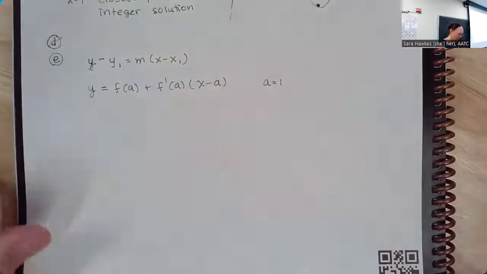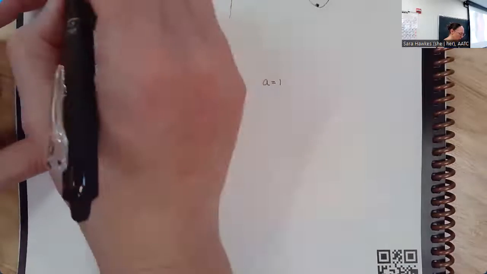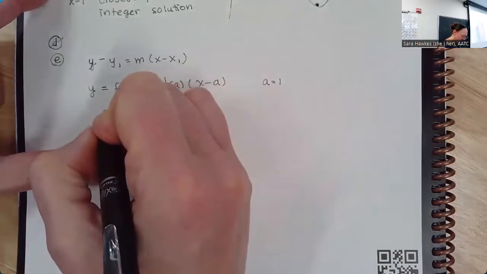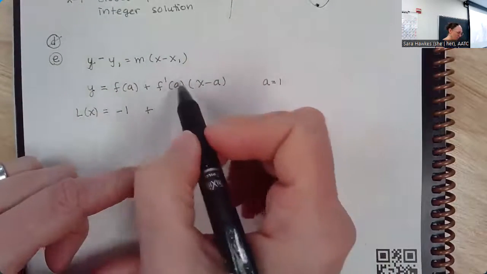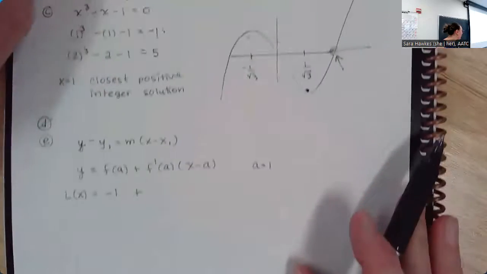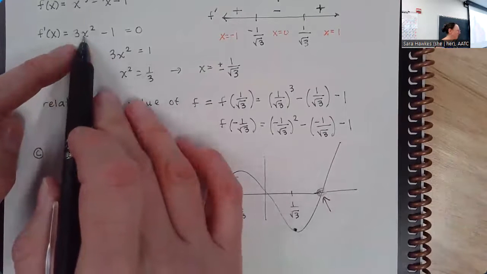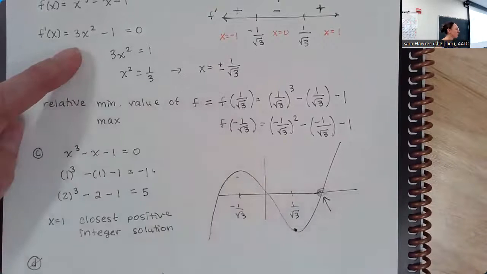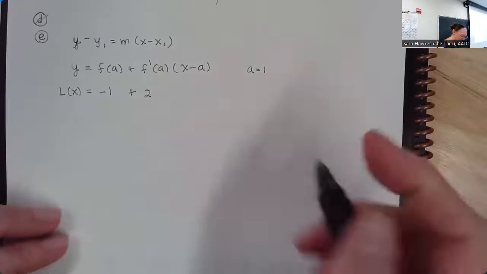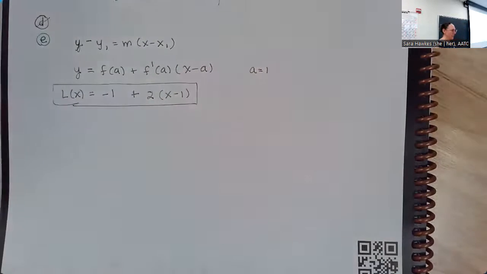And we want a to be equal to 1. Well, f of 1, we just found. The derivative at 1, well, we already took the derivative previously. So I'm just going to plug 1 into my derivative. So I'll have 3 minus 1 is 2. So I'll have 2 for my slope, and then x minus 1. And that's it. That's my linearization.